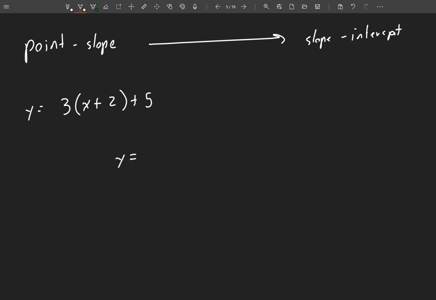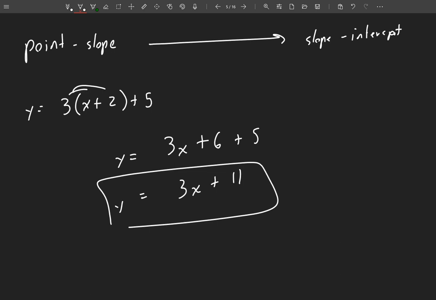So let's try that. Let's distribute this 3. I distribute that, and I get 3x. 3 times 2 gives me 6, and then plus 5. That looks closer. And then you might notice that you could combine like terms. The 6 and the 5 will come together to make 11. So now I have written this thing, which was in point slope form, now in slope intercept form.